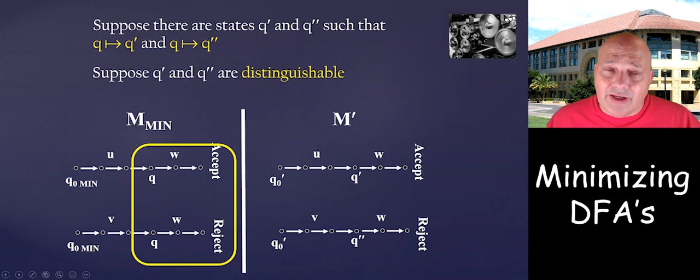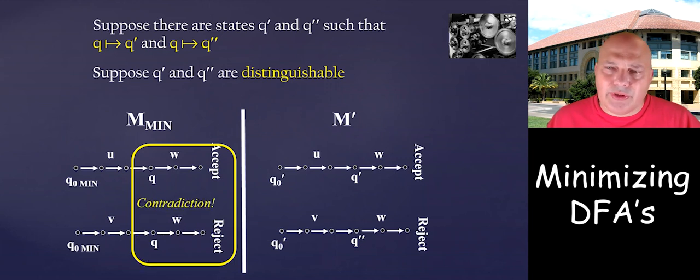This is a DFA. From q on w you either accept or reject. You don't do both. So this is a contradiction. That's a little bit tricky. Perhaps you need to rewind me a couple of times or ask me questions in our meeting.